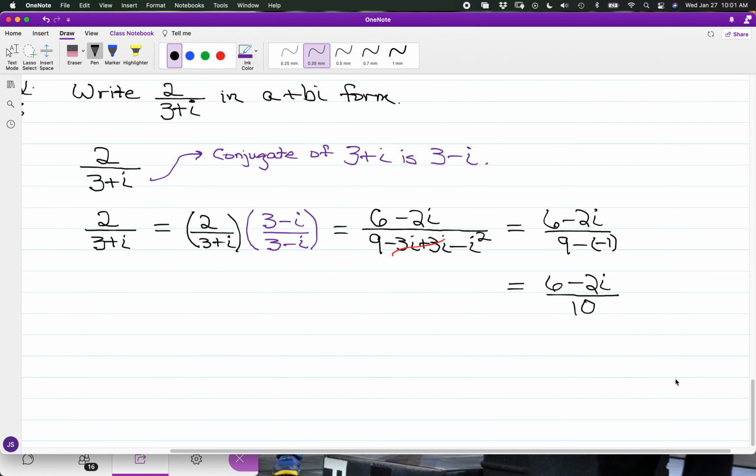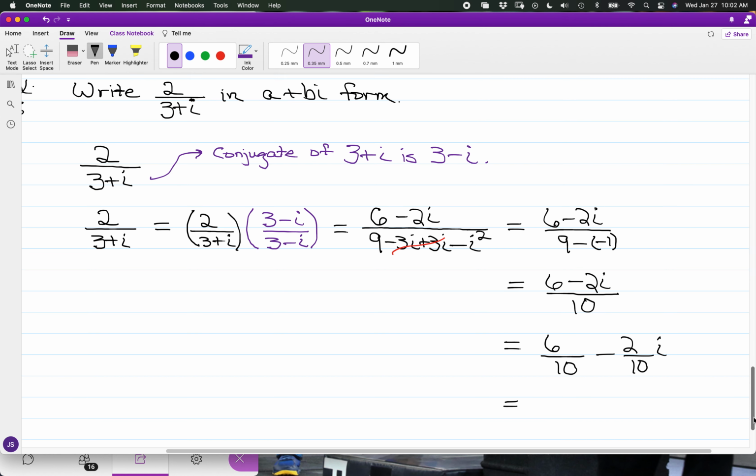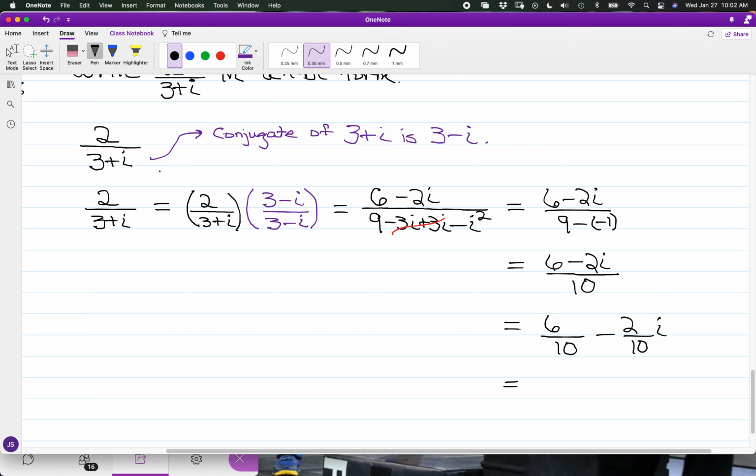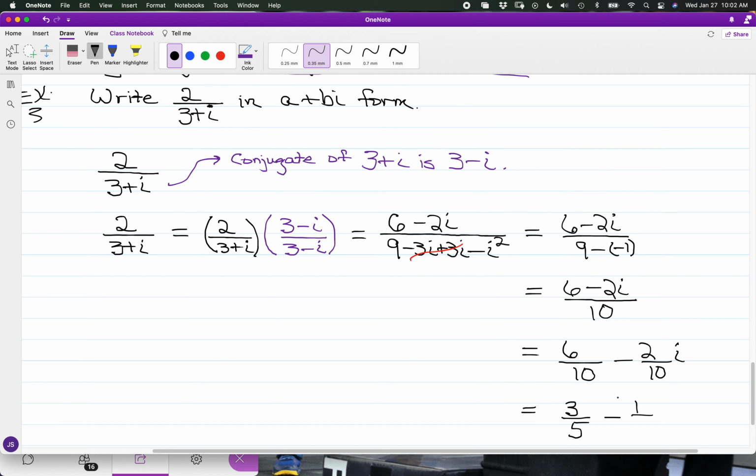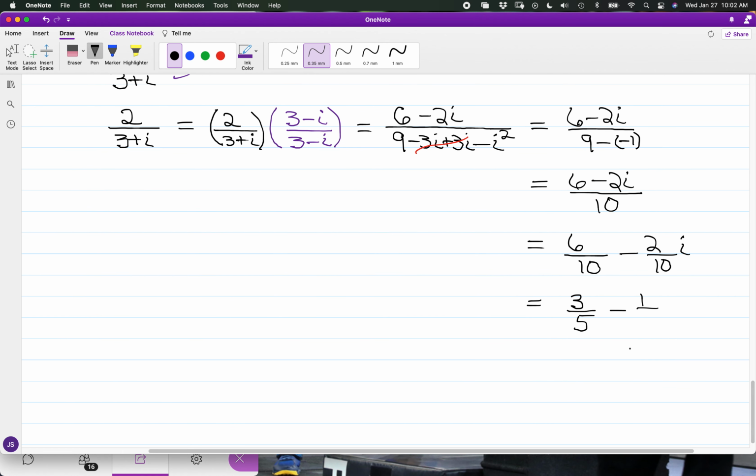And if I look at separating, so we're getting closer to the a plus bi form, right now I have 6/10 and the following term we have negative 2/10 of i, and simplifying the ratios, our official a plus bi form of 2 over 3 plus i will come down to 3/5 minus 1/5 of i.